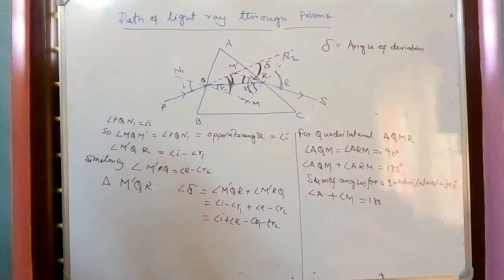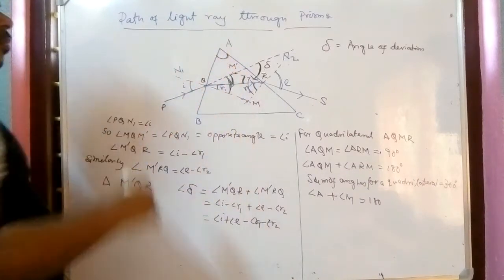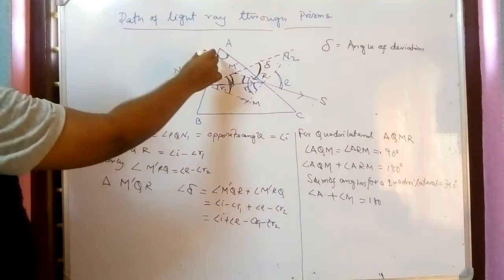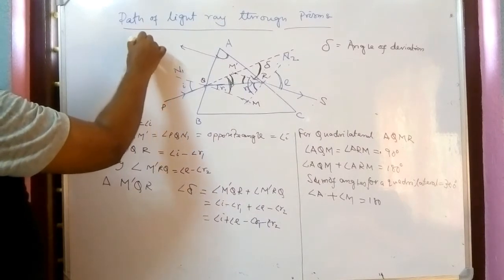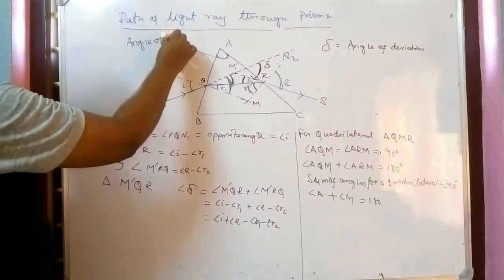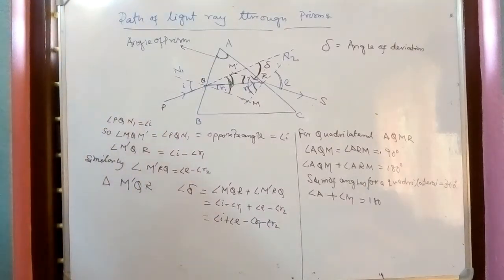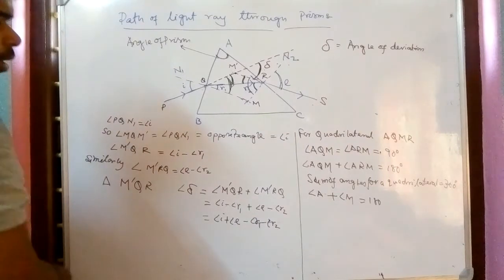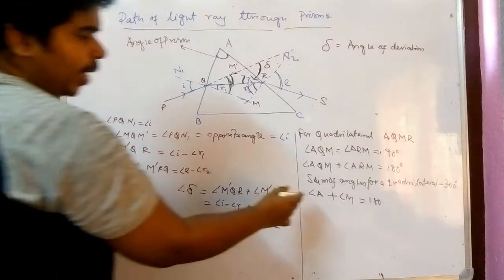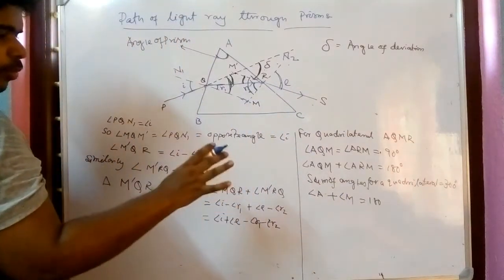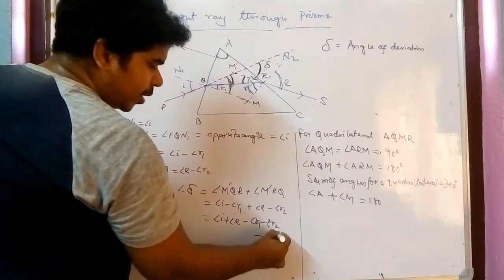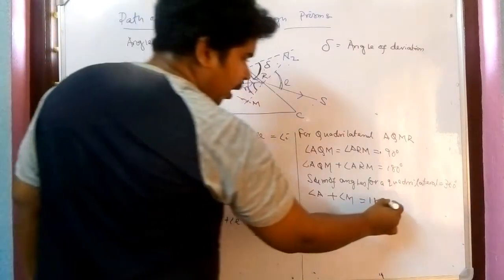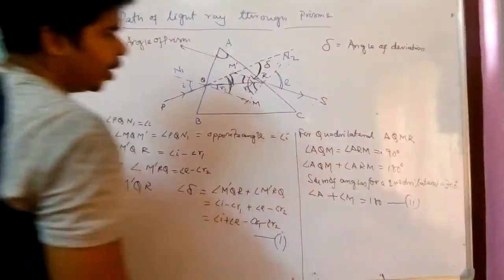This angle A is known as the angle of prism, and generally the angle of prism is denoted by A. Now we have to come to another triangle. It is a little longer, but if you follow the steps, you will be able to understand it. So A plus M equals 180 degrees; let's give it a number. It is equation number 2, and the earlier one is equation number 1.